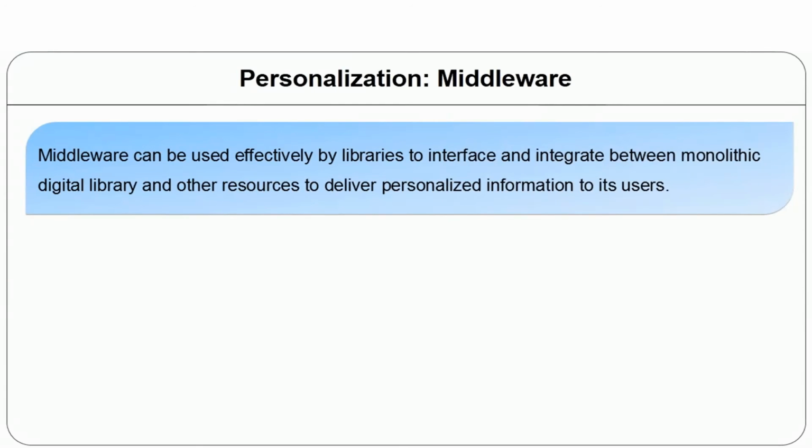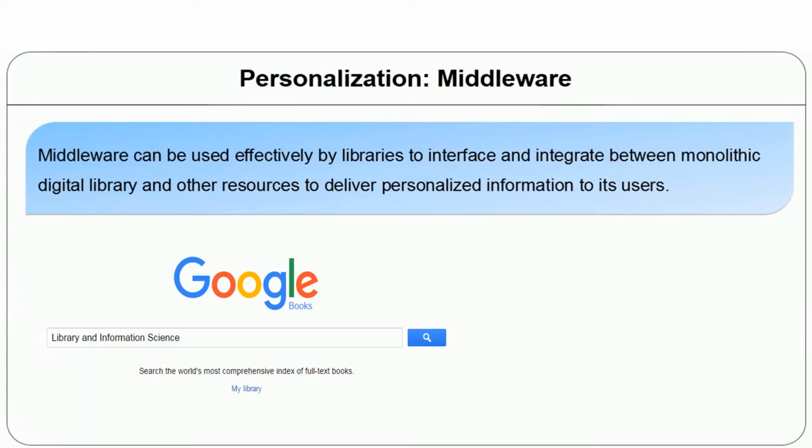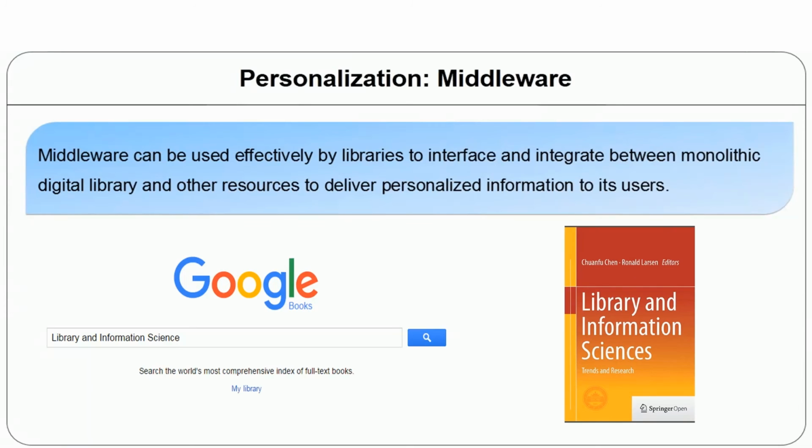So I have to customize. If I am interested only in some particular library science book, I can take the API code, modify it for library science books, and put it in my website. So when people click on it, it will only show library science books of books.google.com from Google. So this is an example of API.